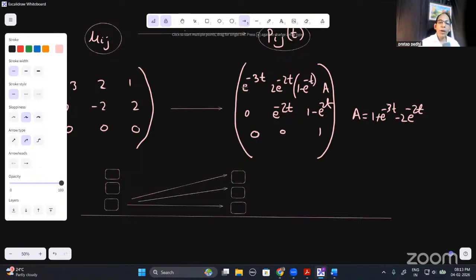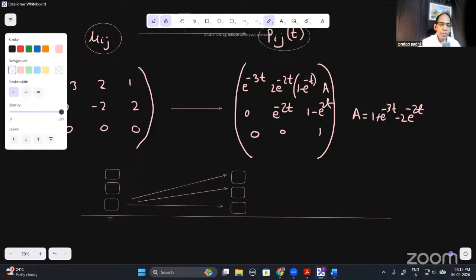Now, what are these probabilities? Let me write the time here: time 0, time t. At time t, these are the probabilities. These are the transition probabilities. We didn't find the state probabilities. These are the transition matrix for time t, not for time 1.